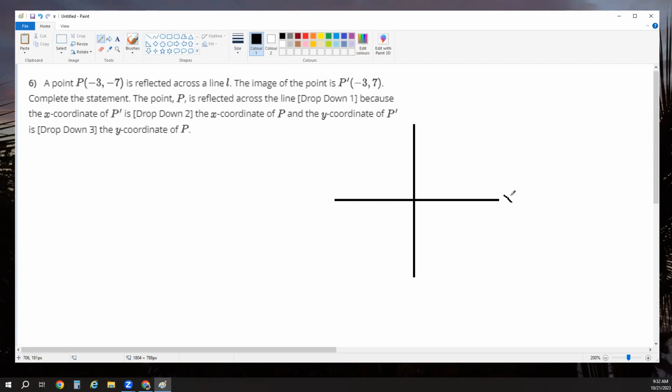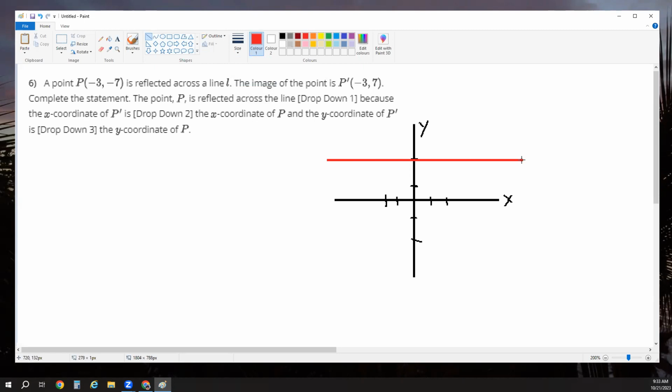This is x, this is y. Okay, got 1, 2, 3, 1, 2, 1, 2, 1, 2, whatever. Okay, I have a line and a y-intercept.